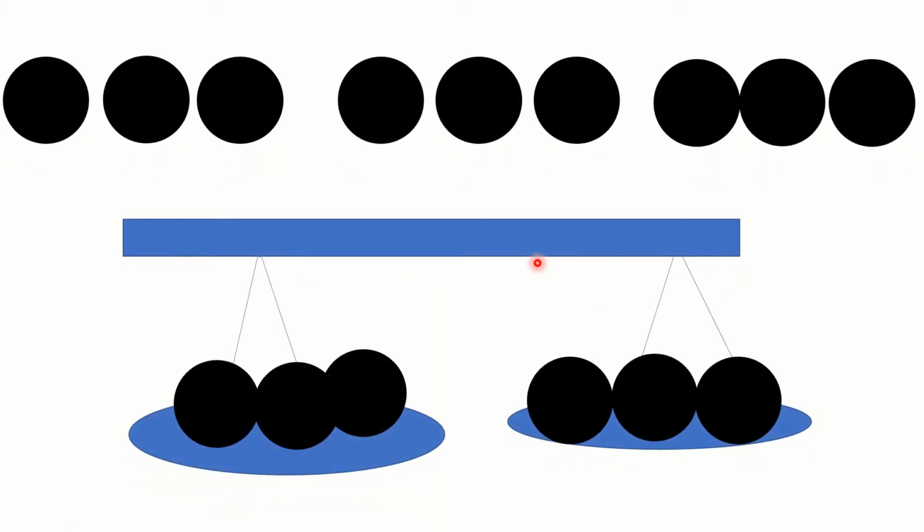So here 9 stones are there. I will divide the 9 stones into 3 groups, and every group has 3 stones. I will put 3 stones here and 3 stones here. The first case is if the balance shows balanced, meaning nothing goes down or up, then both pans have the same weight.